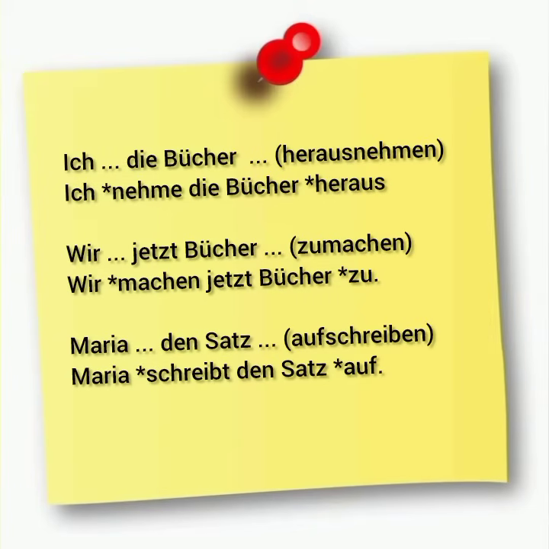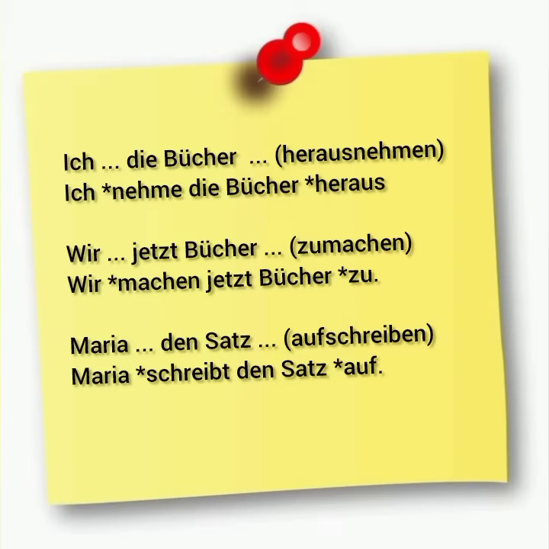And then in brackets has been given the verb herausnehmen. You have to say, I'm taking the books out. So if I'm to use this, I would just say, ich nehme die Bücher heraus. And then look at the example. Wir dash jetzt Bücher dash.